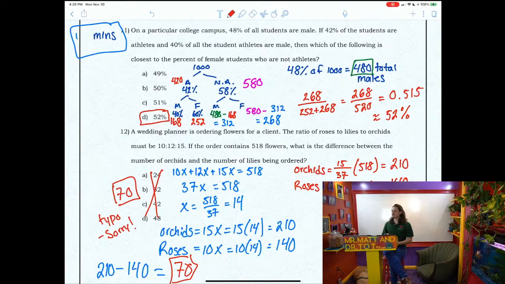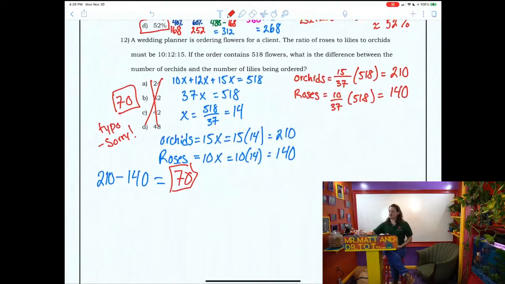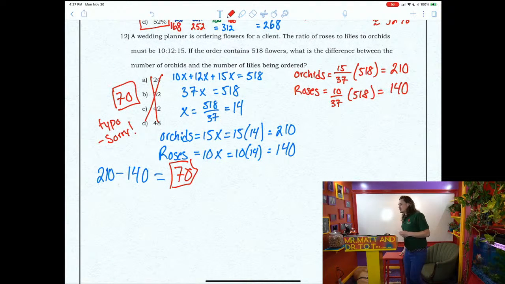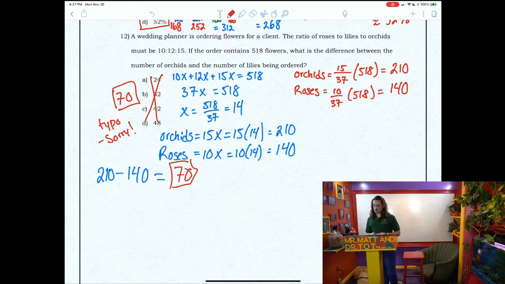And last but not least, number 12. So I started to solve here using the equation method because I solved with the fraction method in the last problem. So here, if I represent each ratio element in terms of x, then I can write the equation 10x plus 12x plus 15x is equal to the total number of flowers in the order, which is 518. 10x plus 12x plus 15x is equal to 37x.